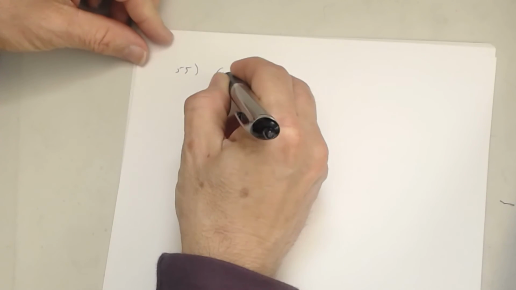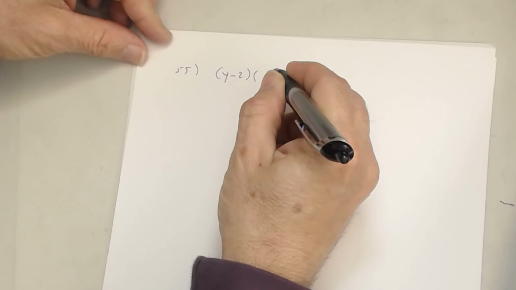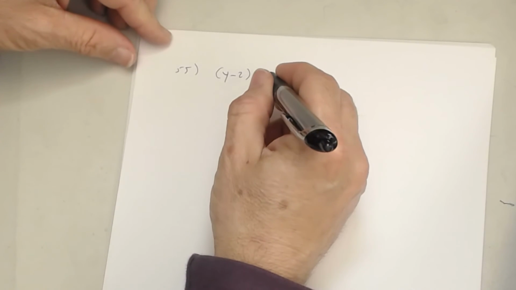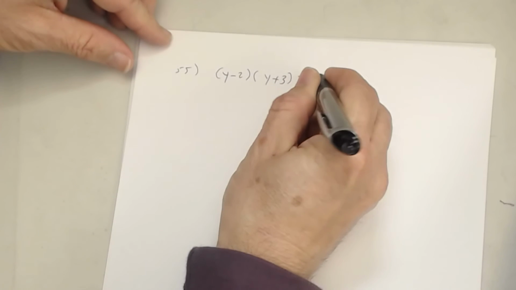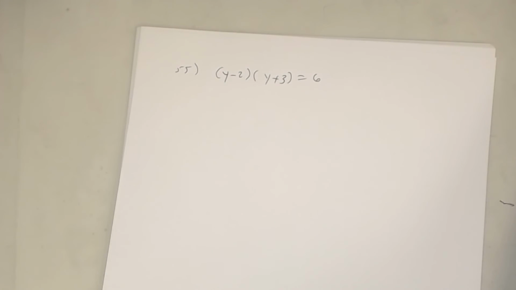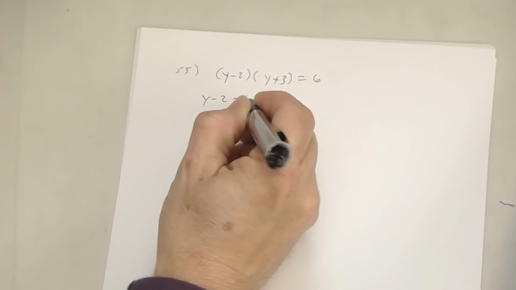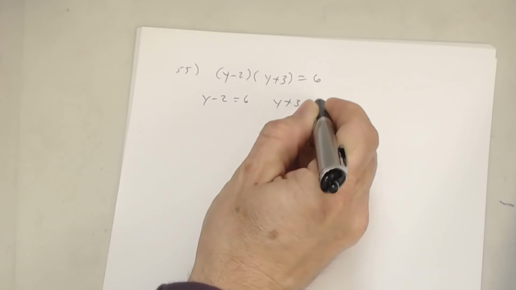You have y minus 2 times y plus 3 equals 6. You get so used to the fact that the left side looks factored, and you say, I'm going to use the zero factor property and set each of those equal to 6 because that's what appears on the other side. So y minus 2 equals 6, y plus 3 equals 6, right?